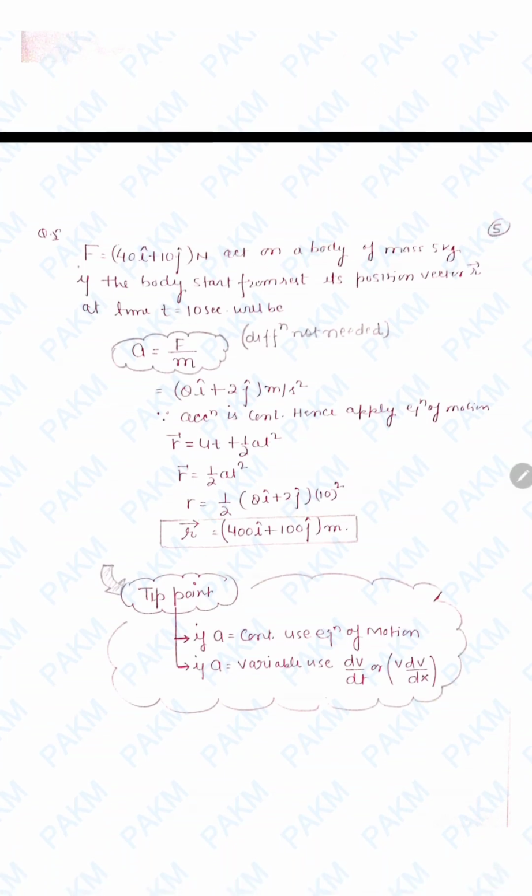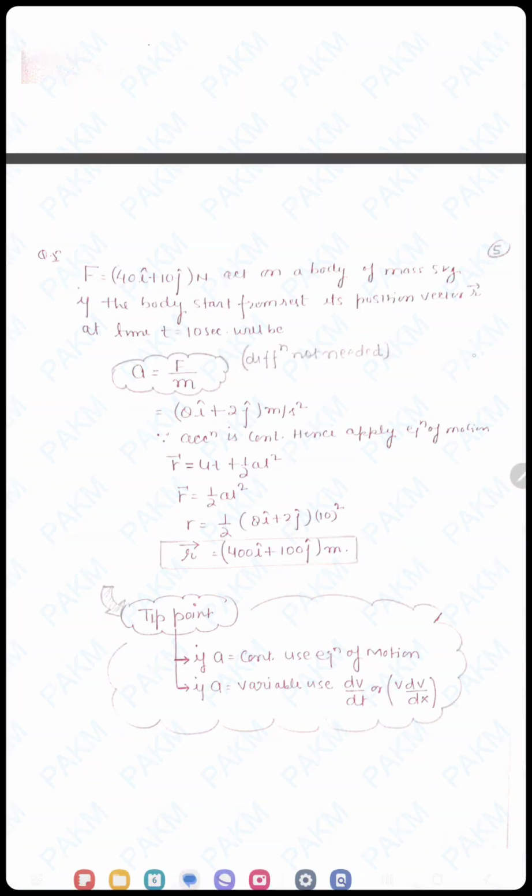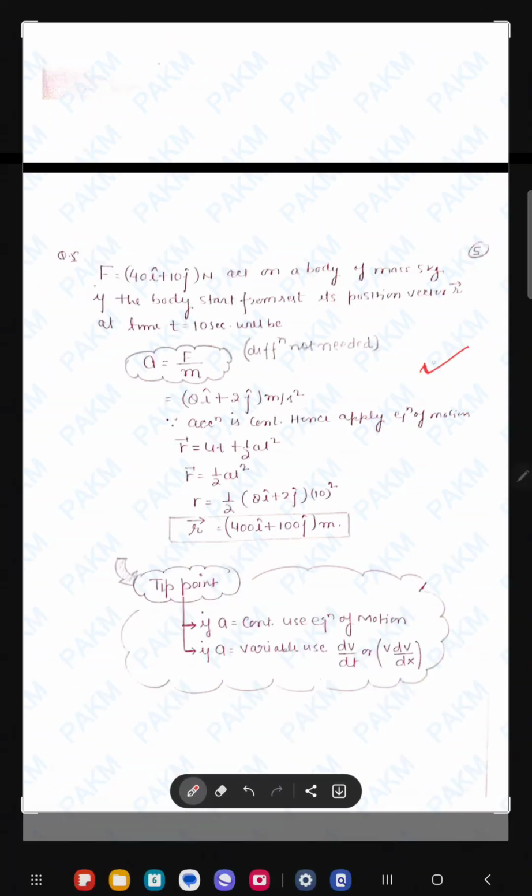A force is applied on a body starting from its position vector r at time t is equal to 10 seconds. So once again, a basic situation. Now the acceleration value, once we have calculated, looks constant, a constant acceleration, hence we can simply apply the equation of motion.